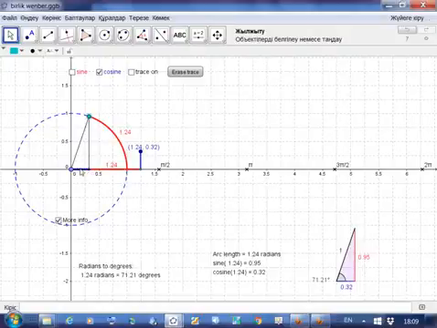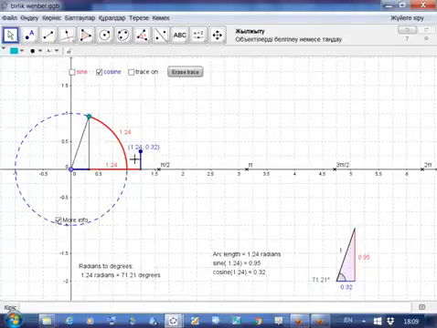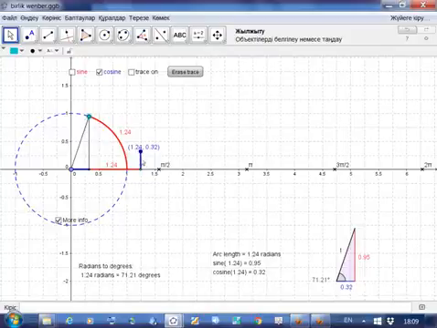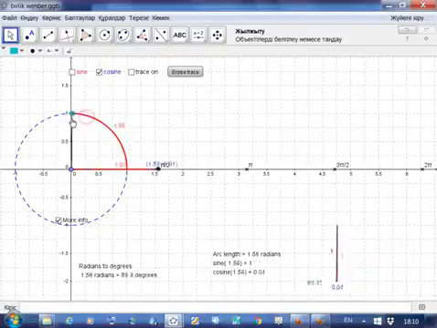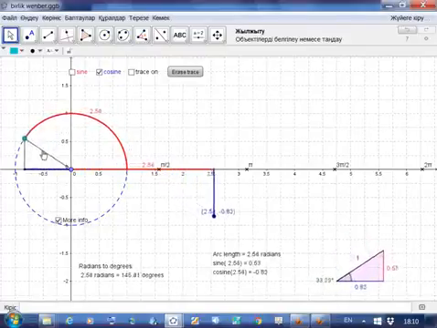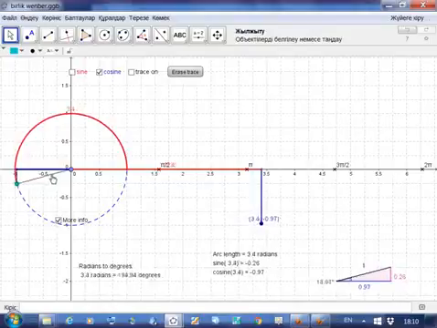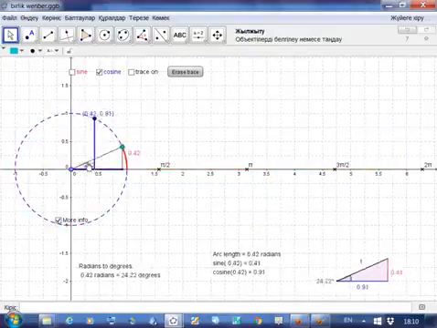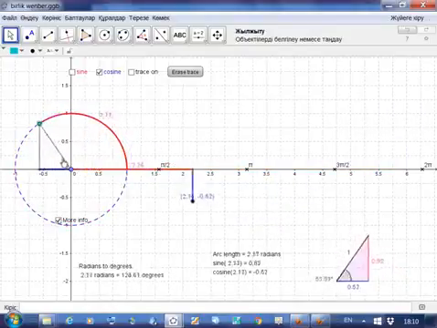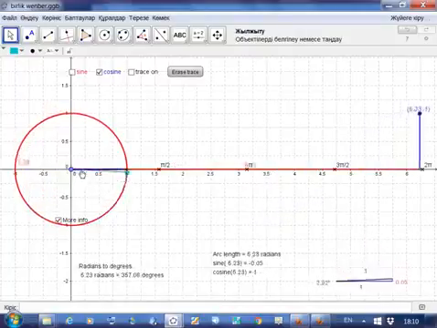The length of this line segment gives us the value of cosine for this angle. As these two line segments are equal, we can say that the length of this line segment for this angle is the value of the cosine for this angle. As we increase the angle, these two line segments are changing in the same way.